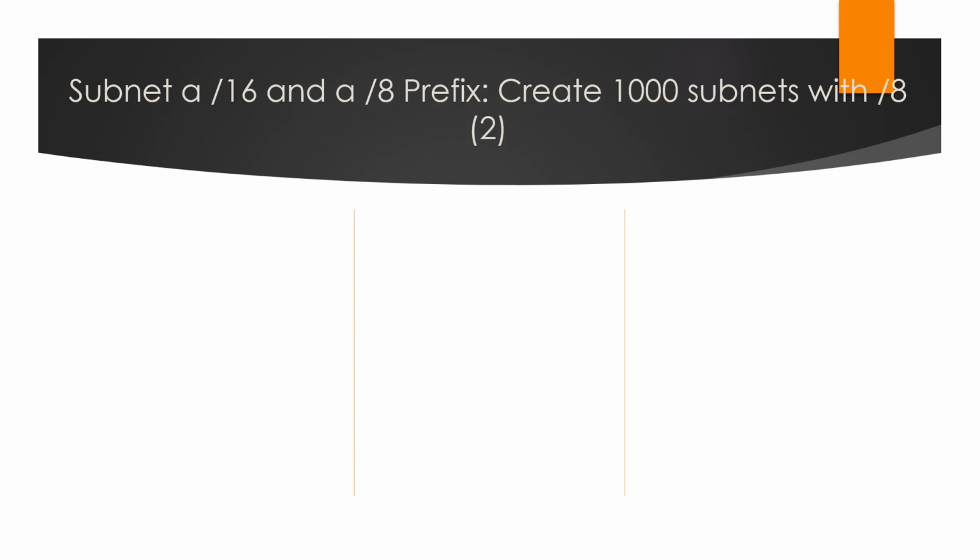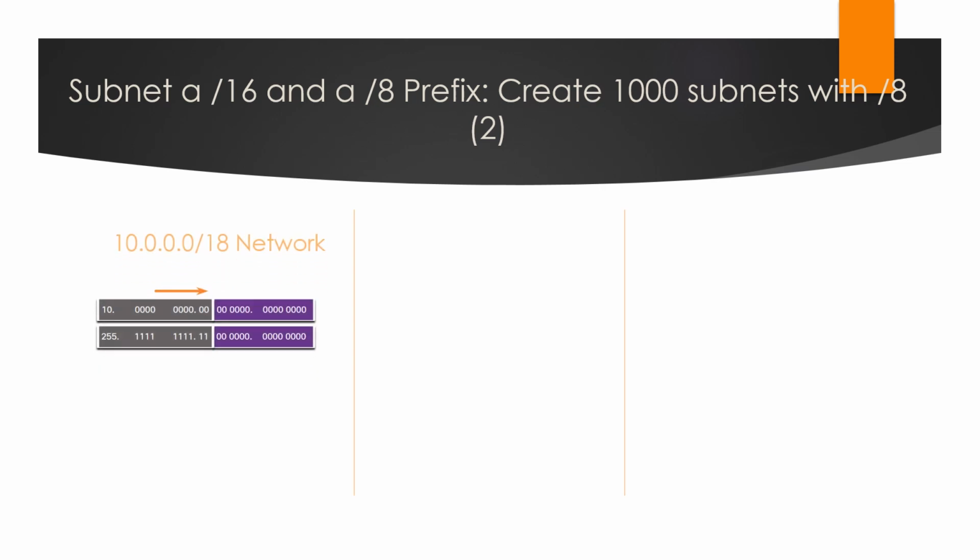By borrowing 10 bits from the host portion for creating subnets, you have to extend your subnet mask that represents the network portion. All of those 10 bits will be set to 1 in the subnet mask, and the subnet mask will go to 255.255.192.0, or just /18.